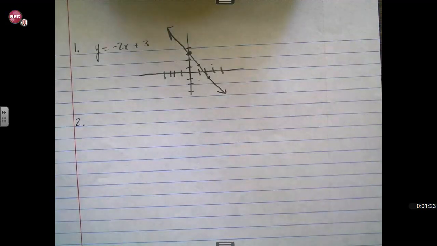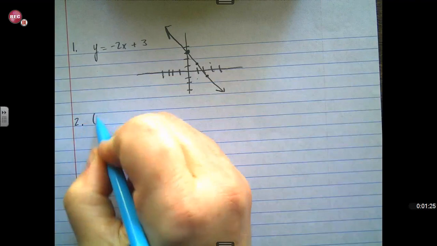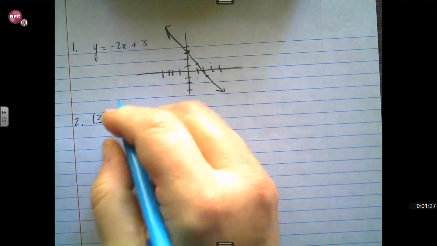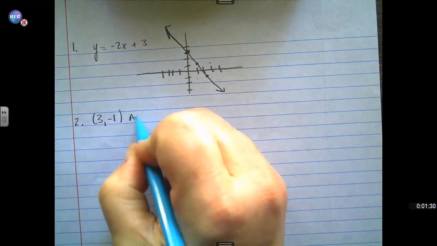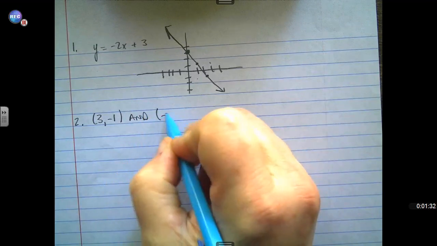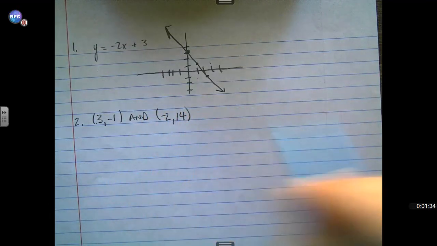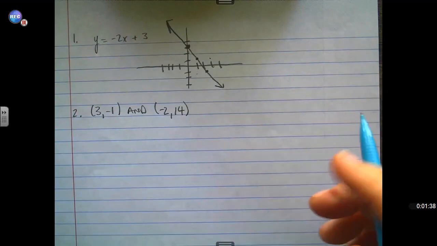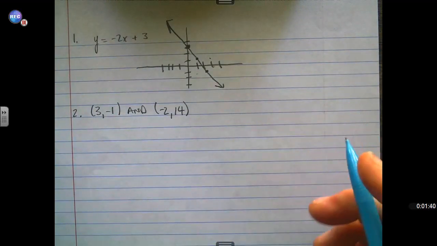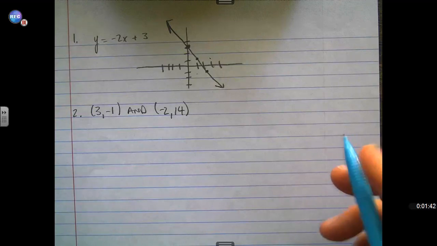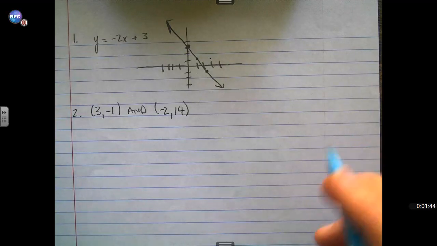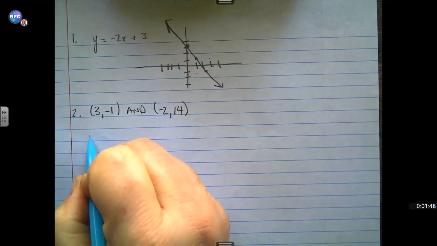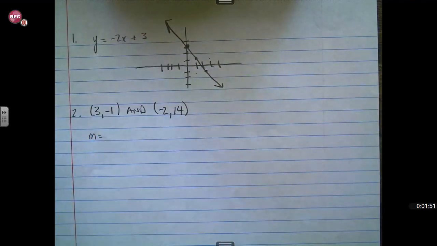Okay. Number 2, write the equation of the line that passes through the points (3, -1) and (-2, 14). And I forgot to put on the review worksheet that I want that in slope-intercept form. So we're going to find the slope first, because there's two things we need to write the equation of a line.